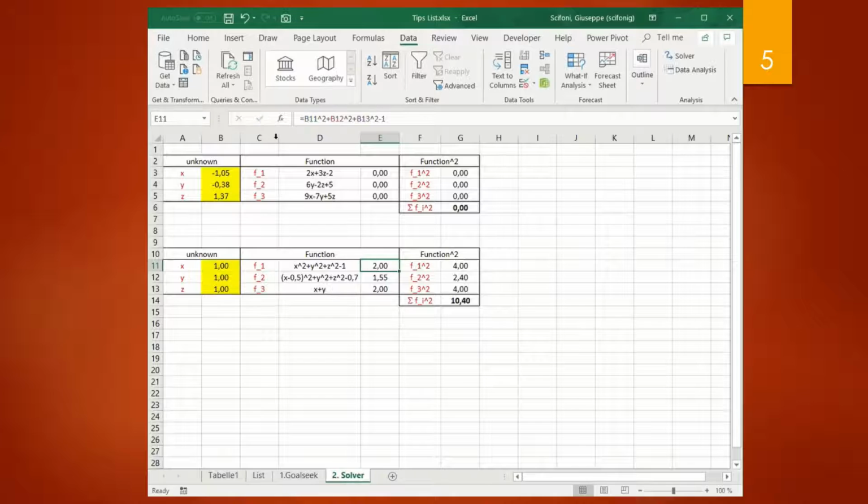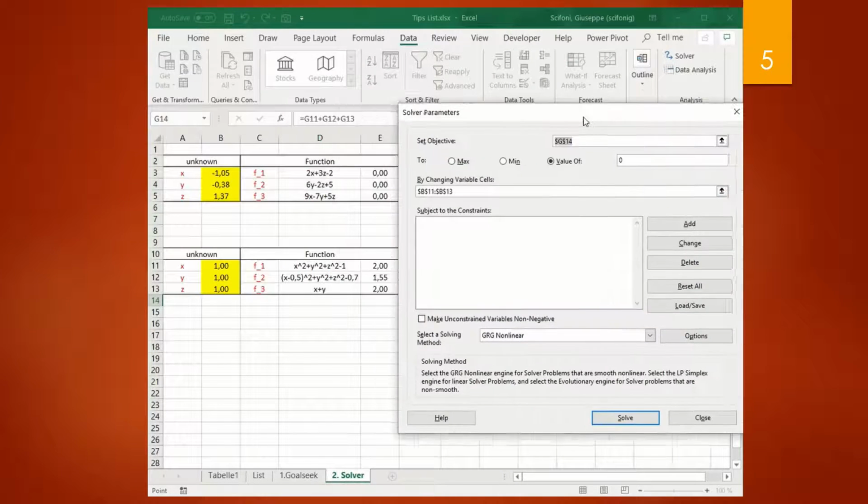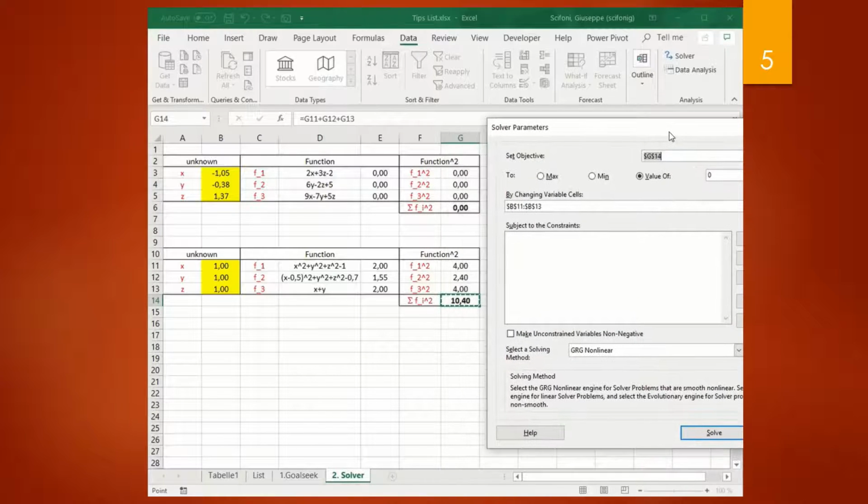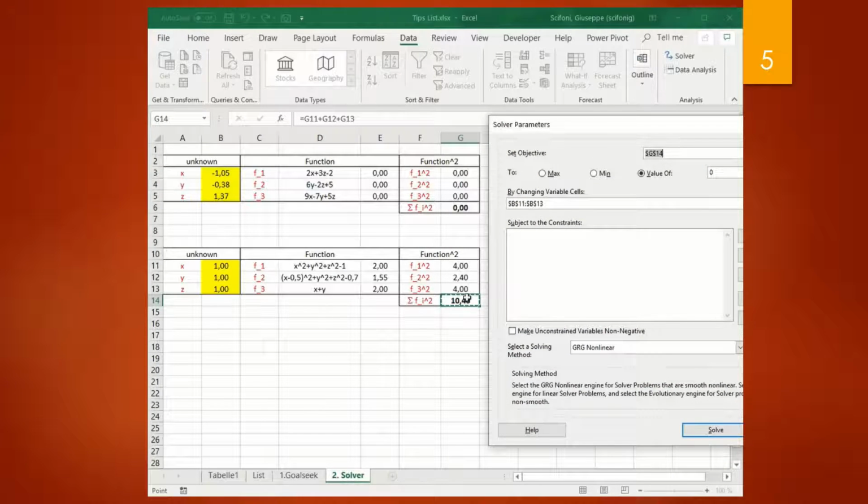And then we build also the square functions of each one and eventually the sum of the three squares. We call the solver and we set as objective this cell G14. The changing variables are B11 till B13, so x, y, and z, and we look for solutions.